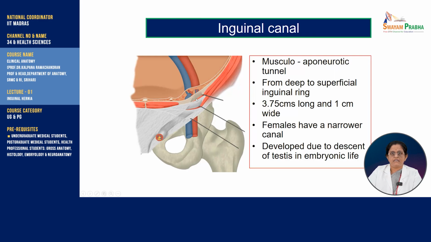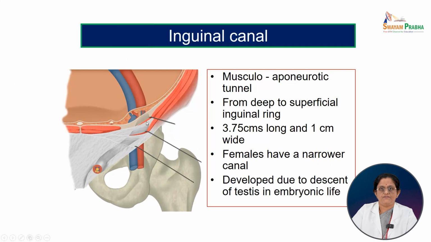So, the deep inguinal ring, as I am pointing out, is an opening in the fascia transversalis, which is situated about 1.25 centimeters above the mid-inguinal point. The superficial inguinal ring, you can see here, through which the spermatic cord is coming out.